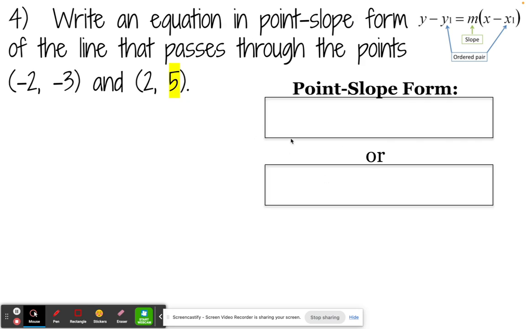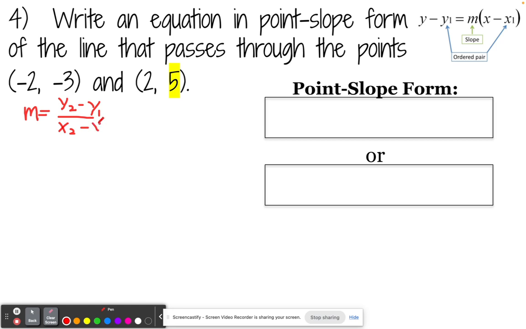Okay, I have another one where I have 2 points, but what I didn't give you is a slope. Well, if I have 2 points, I can find a slope. Remember, our slope is found by doing m equals y2 minus y1 over x2 minus x1.